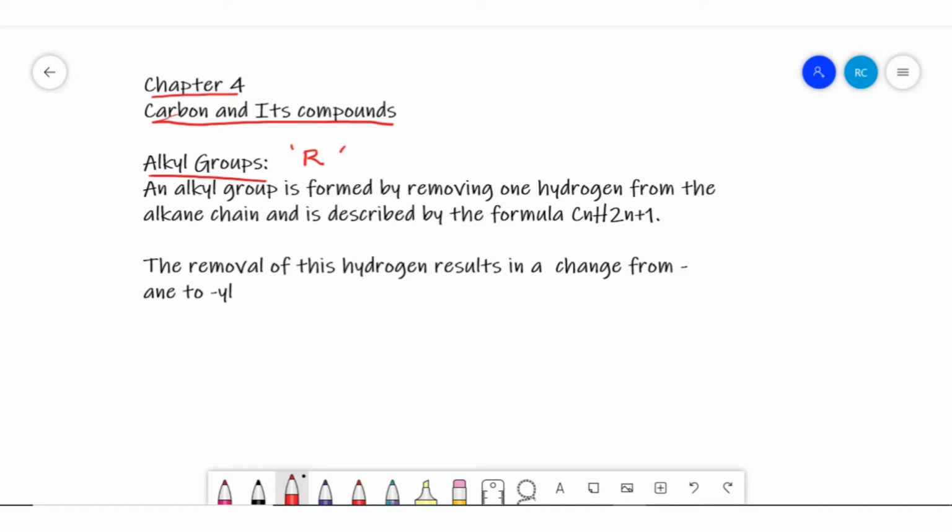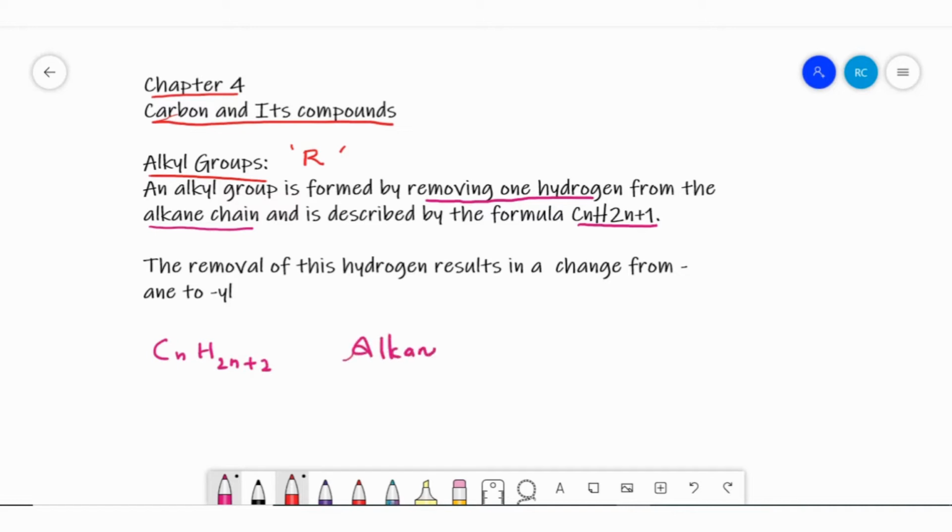An alkyl group is formed by removing one hydrogen from the alkane chain and is described by the formula CnH2n+1. You already know the alkane formula, that is CnH2n+2.